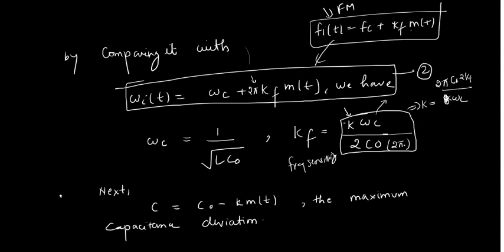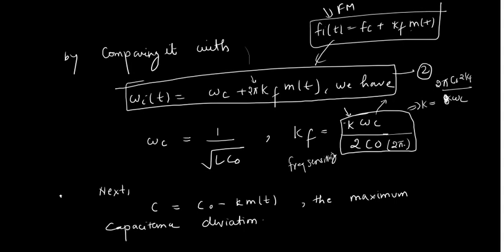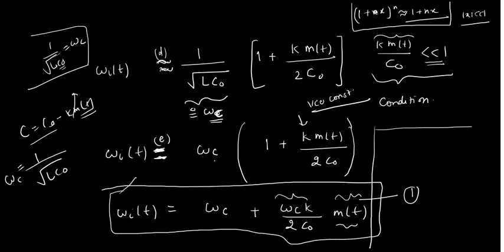Next we replace K with this. If you remember, we can also write K like this, right? So we see that the output frequency deviation is proportional to m(t), so it's a valid FM signal, right?